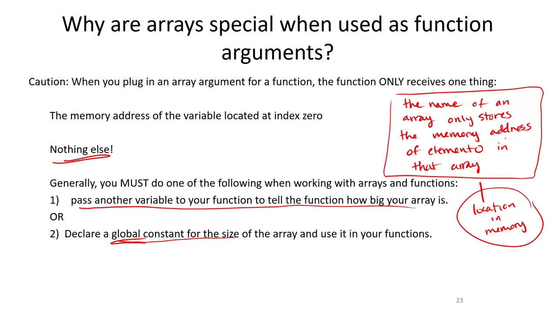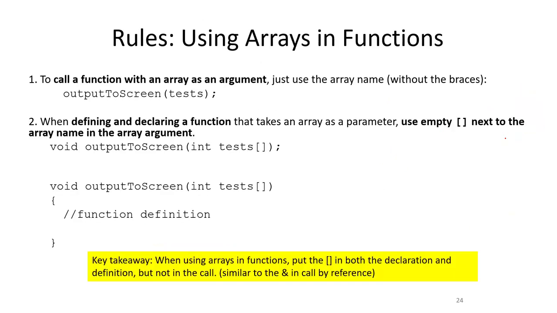Because of this difference, there's some important rules that you're going to want to be careful about. Here's some important rules to follow when using arrays in functions. First, if you are calling a function which takes an array as the argument, you just use the array's name.